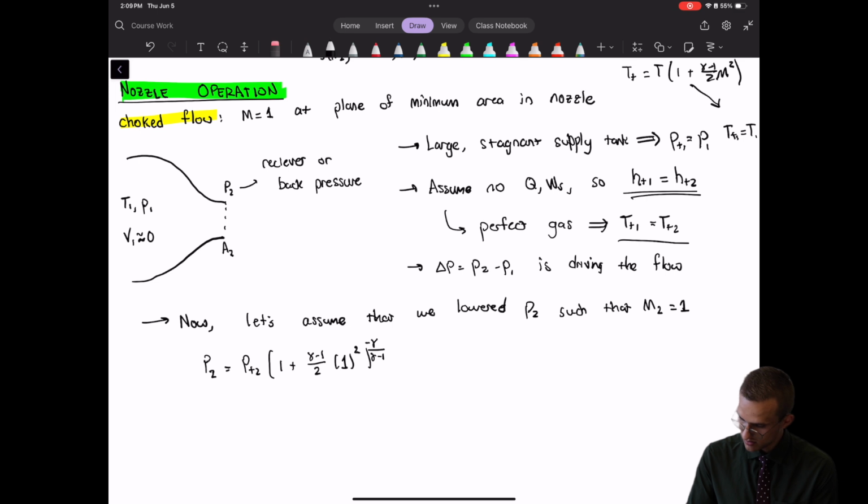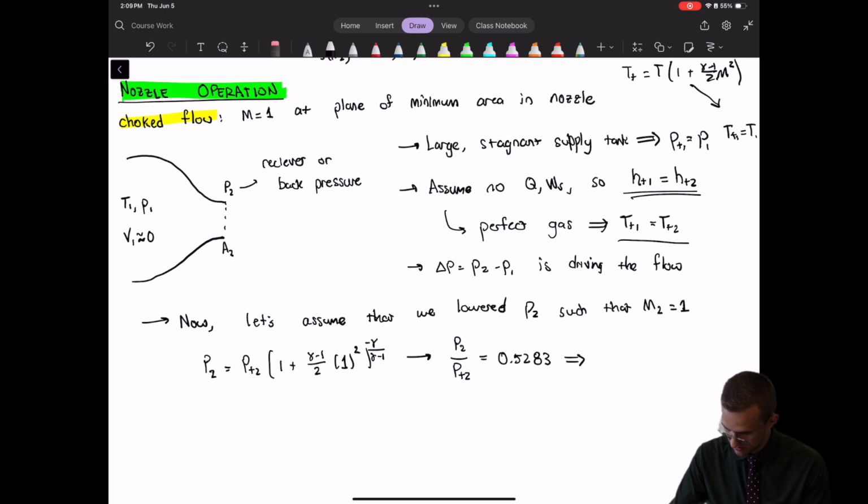Okay, so what that results in is that P2 over PT2 is equal to 0.5283. Okay, and this ratio defines the so-called critical pressure that gives rise to choked flow.